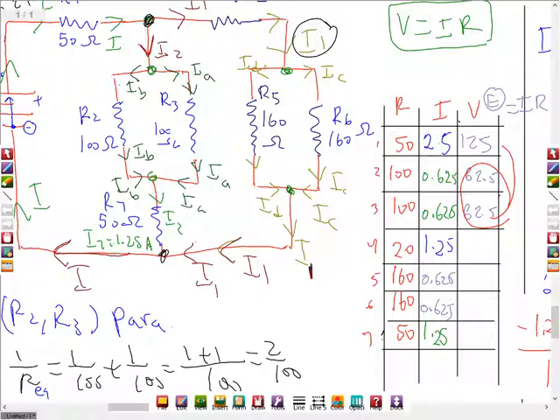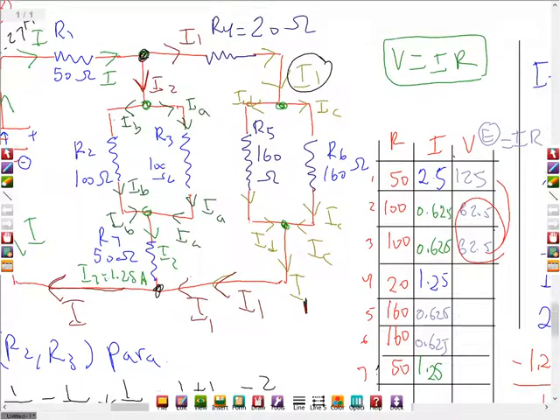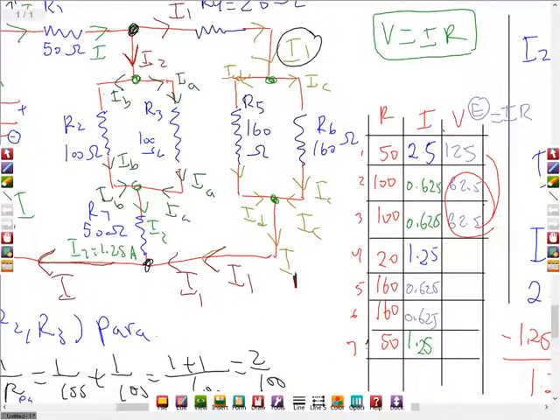Go here, R4, multiply this by this, 45 volt, and this 160 times 160, 100, and here 100, and this 75.